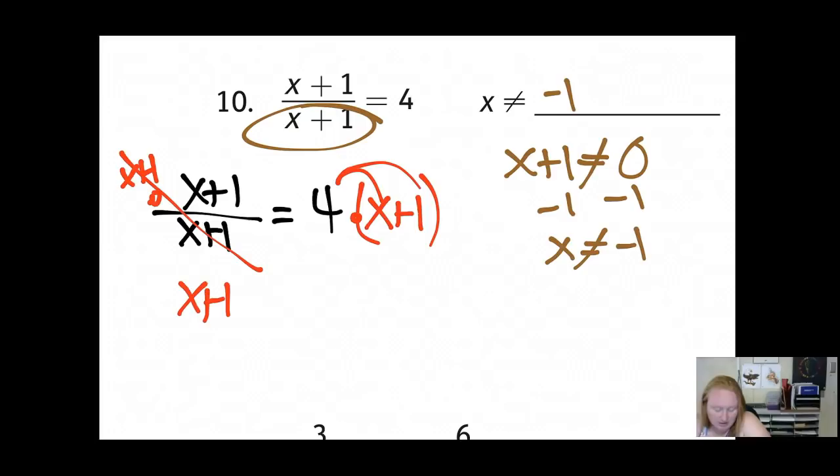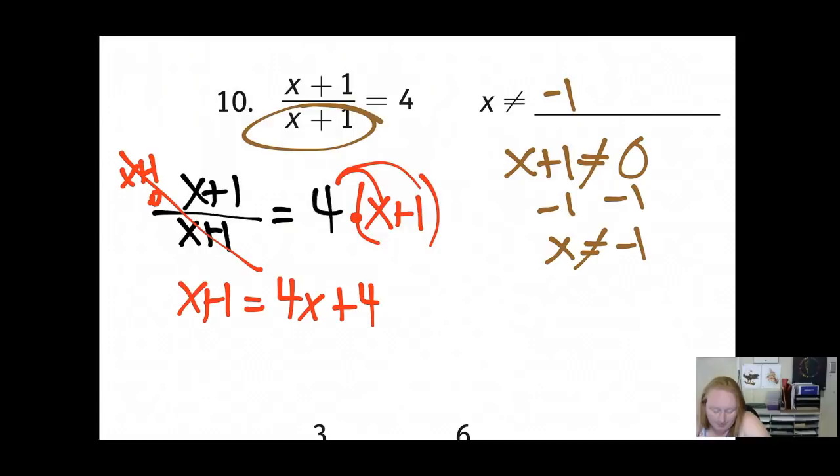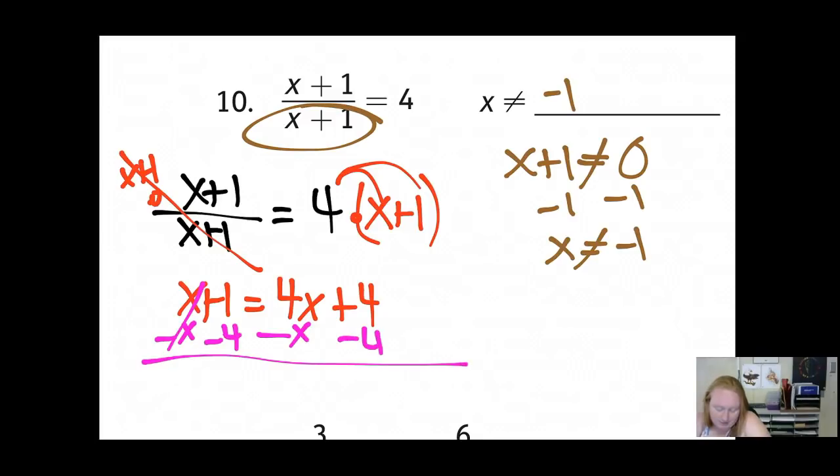I get x plus 1 equals 4x plus 4 after distributing. I am going to subtract x from both sides. I'm going to subtract 4 from both sides. Here I get 3x equals 3.